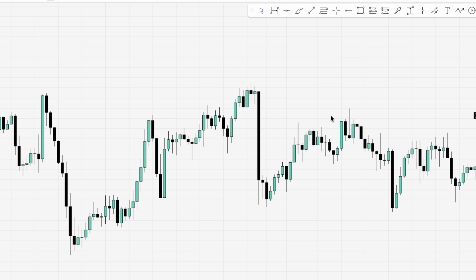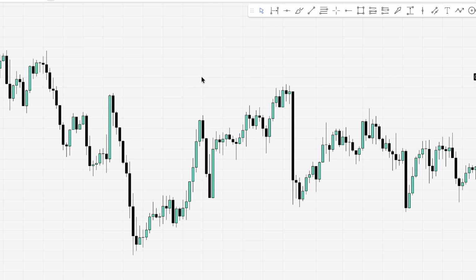Now, remember we said that we have two types of liquidity, majorly the buy side liquidity and the sell side liquidity. Now, this is how to use these types of liquidity. Whenever you're going to use the buy side or the sell side type of liquidity, it is expected that you are looking at a high or a low.